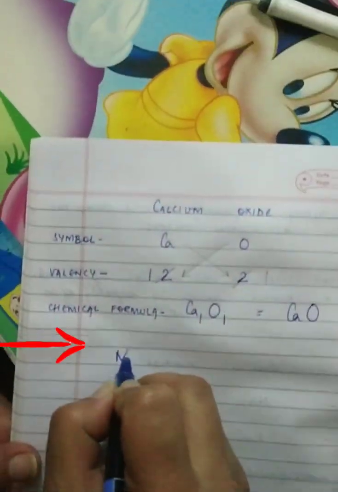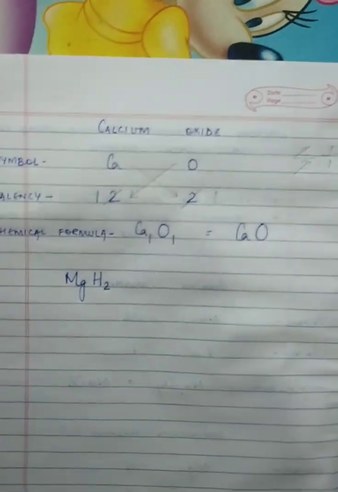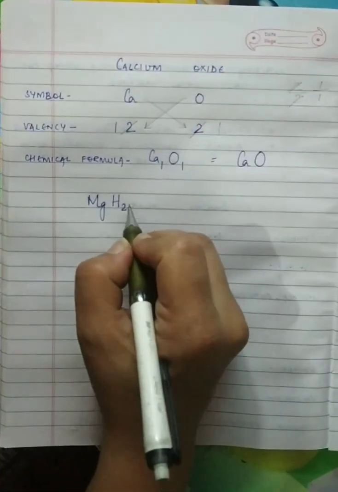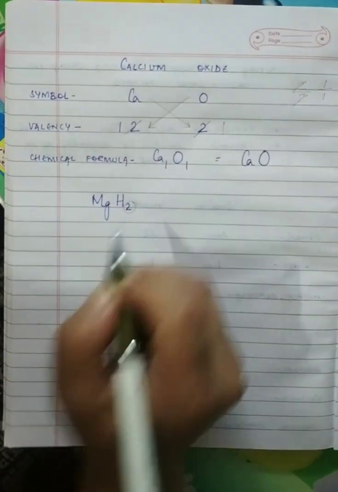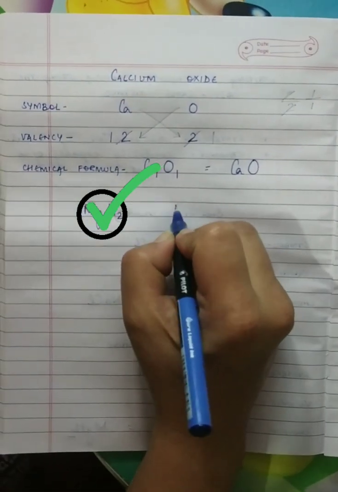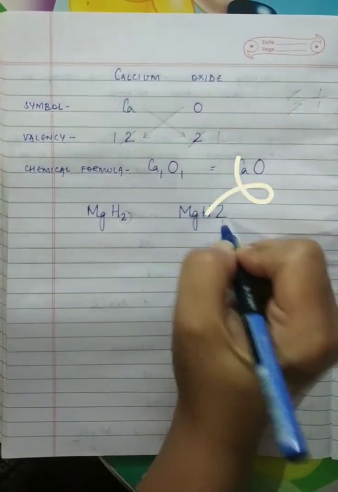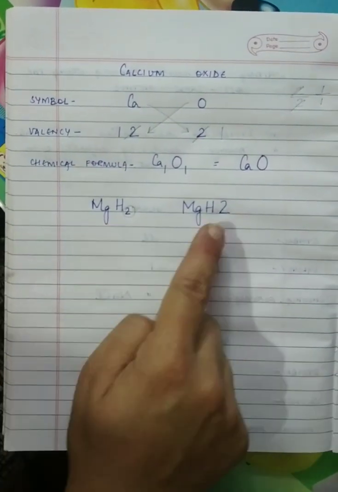Now just remember, for example, when you're writing magnesium hydride, this number should be written as a subscript. You cannot write 2 like this way.